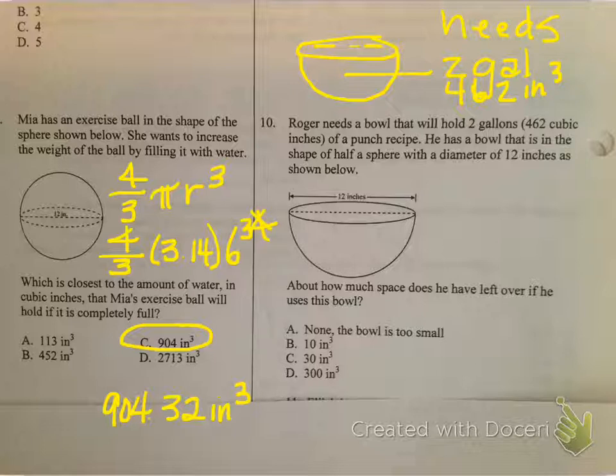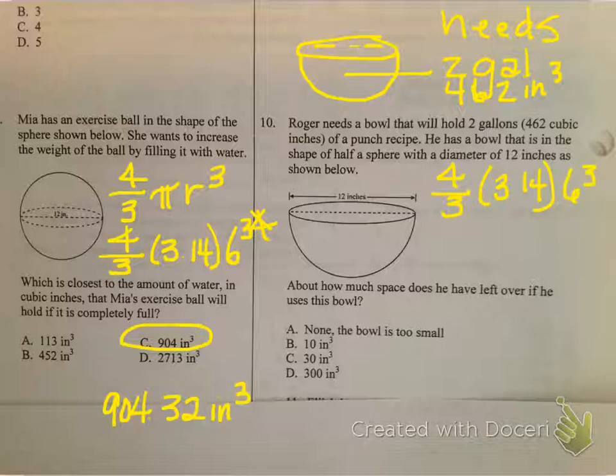So I'm going to go ahead and figure out 4/3. I'm going to use my formula for finding the volume of a sphere. 4/3 times 3.14 times, as you see here, the diameter is 12, so the radius is 6 cubed.